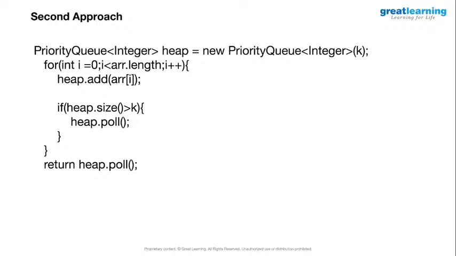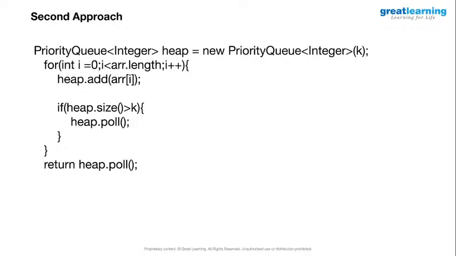When we talk about time complexity, we are traversing each element, so it will be n into what? Adding an element and removing an element. In a heap, or priority queue, the time complexity is log n. So we are adding and removing elements at most n times.